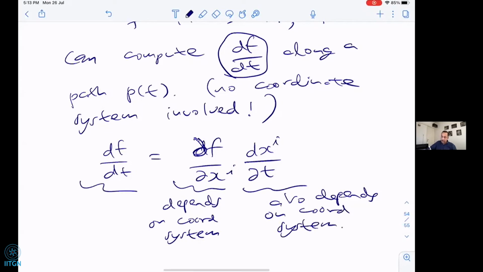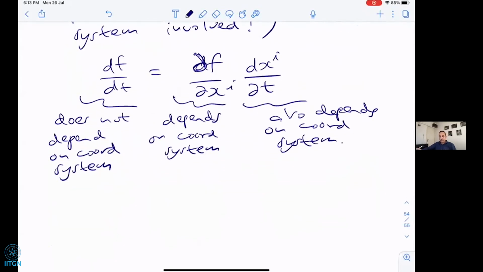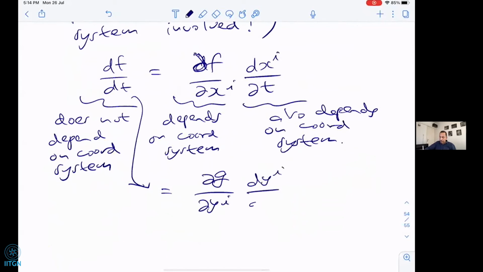But this does not depend on coordinate system. This is a very, very useful result because supposing this whole thing was being done in the y coordinate system, I would simply have written that dF by dt is equal to del g by del yi times dyi by dt.